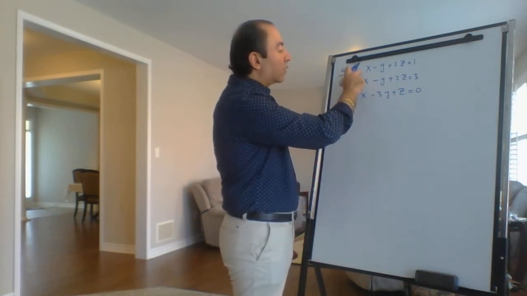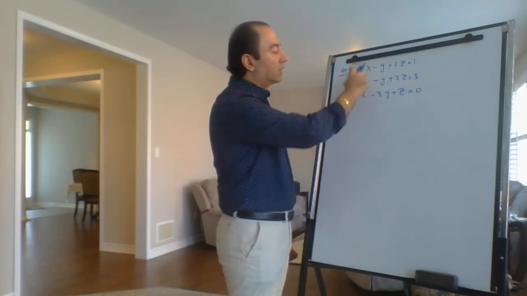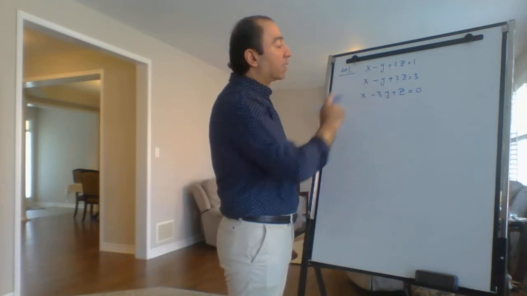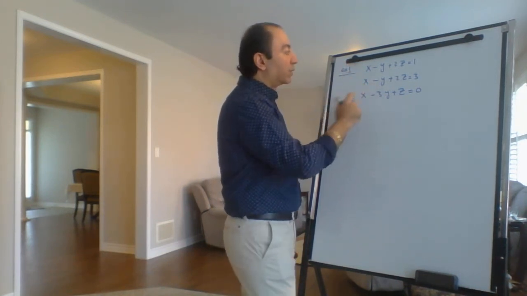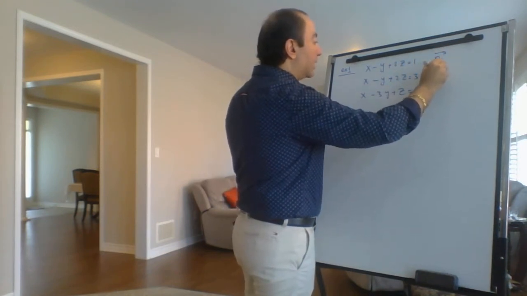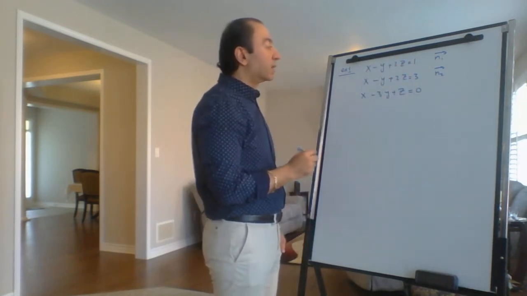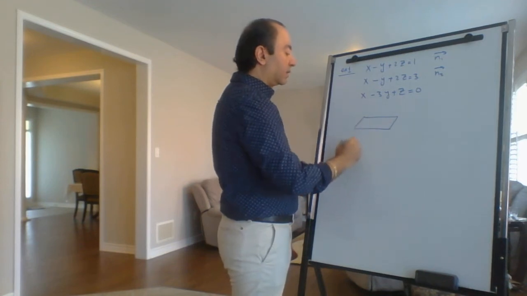But the normal vectors of these 2 equations are the same, or scalar multiples. So if these 2 normal vectors, n1 and n2, are scalar multiples, that tells me that these 2 planes are parallel.